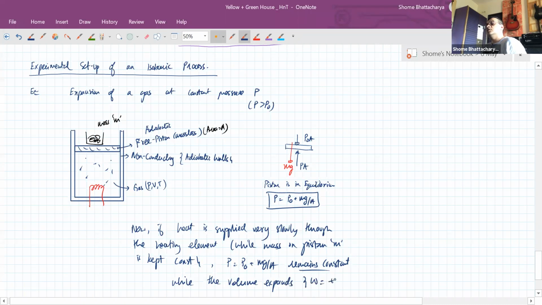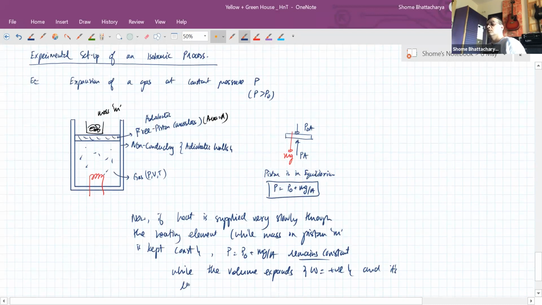So work done is positive by the gas, and its temperature also increases. So internal energy also increases in such a way that it's undergoing an isobaric expansion. Okay, because the pressure is constant.